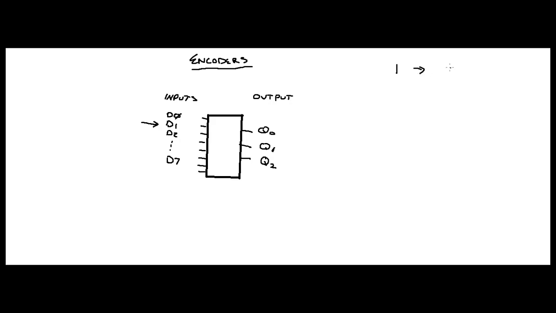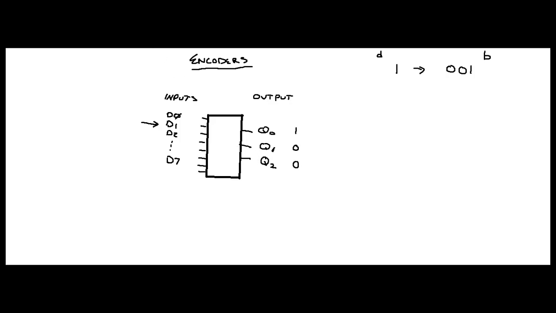That's going to be equal to 0, 0, 1 in binary. So this is your decimal, and this is going to be your binary over here. So in that case, Q0 is going to be a 1, Q1 is going to be a 0, and Q2 is going to be a 0. Get it?